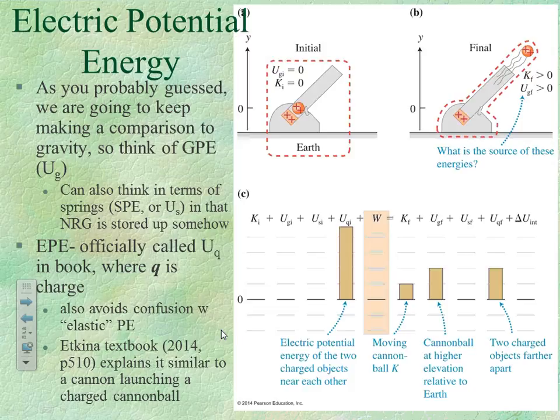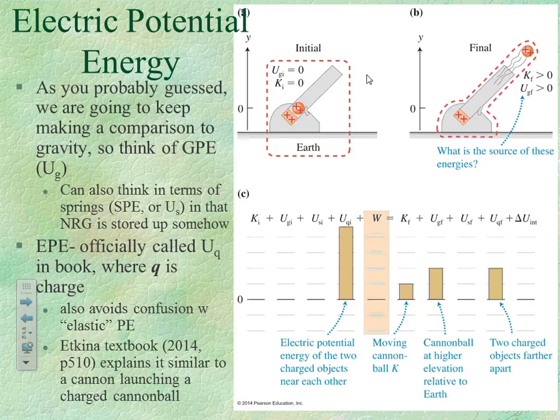The textbook references this in terms of launching a charged cannonball. We have this cannon, and here's our system. The cannon has some electrical potential energy because it is charged. We can see positive charges right there.